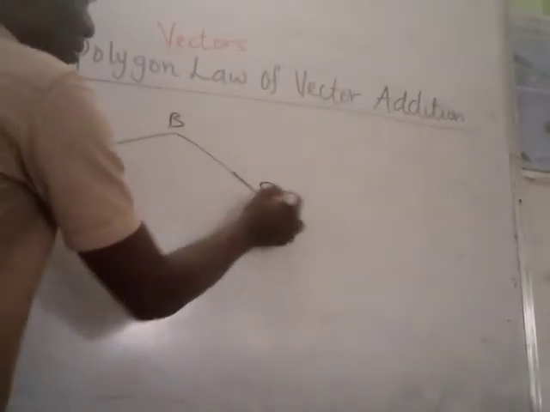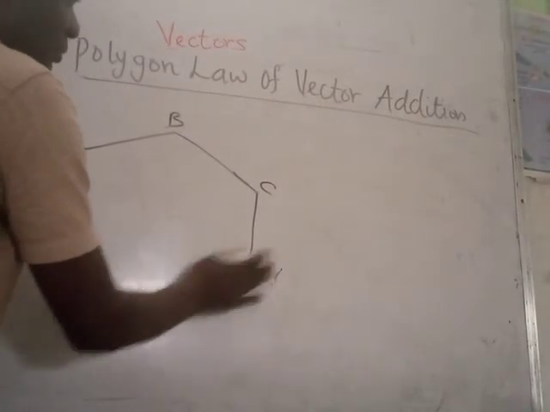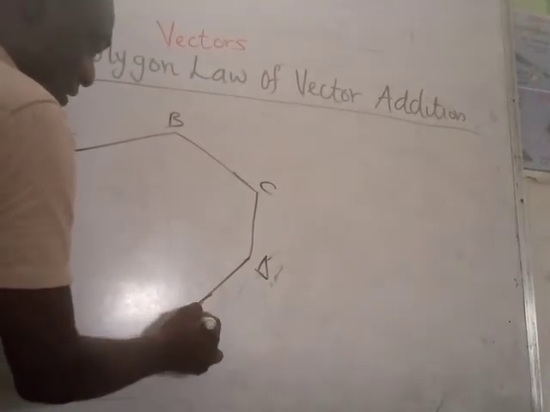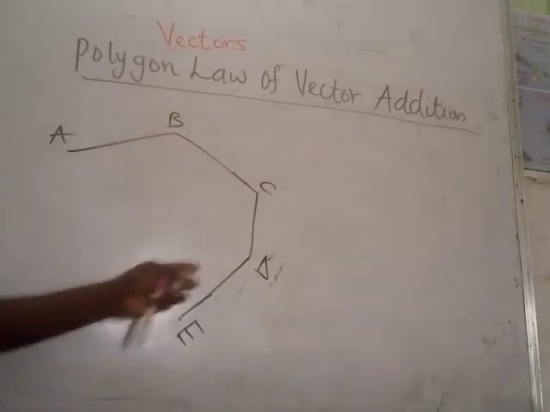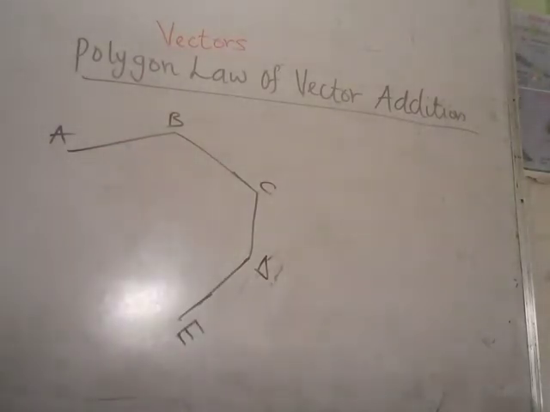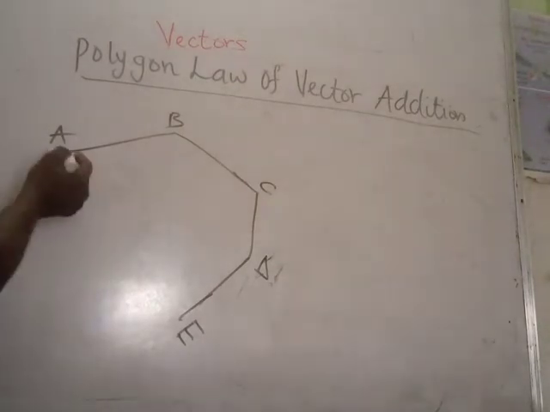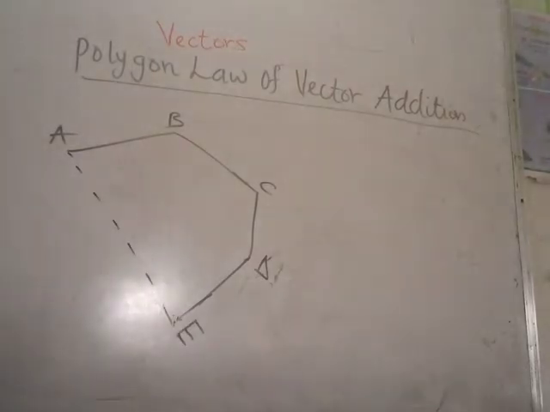Let's say I have vectors AB, BC, CD, DE, these four, more than two vectors. Now I wish to look for the resultant of these vectors. The resultant is definitely going to be AE.